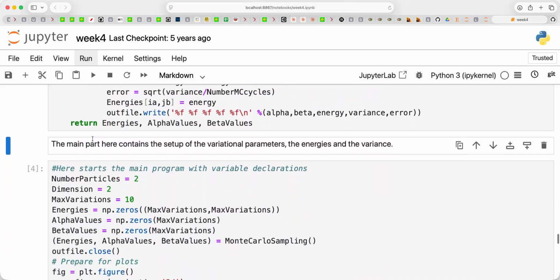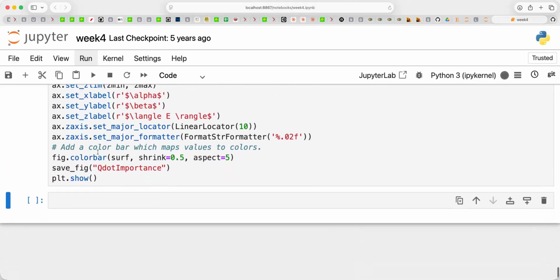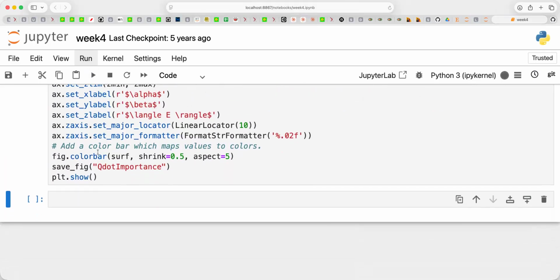And the main part here, now in this case, we have 2 particles, 2 dimensions. We do max variations 10, and then we let this run a little bit, and hopefully something will come out. But it's going to take more time because I have 10 parameters for alpha and 10 for beta. So I'm actually running 100 times.